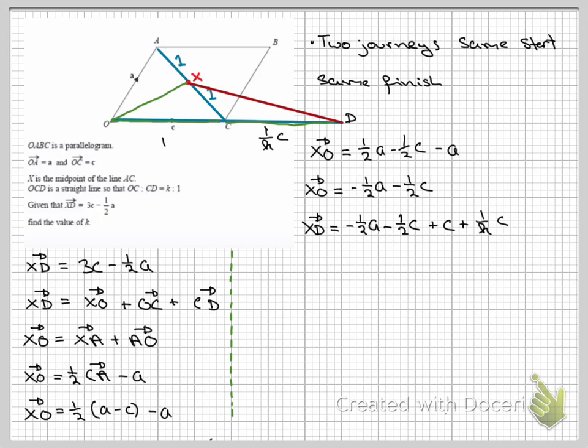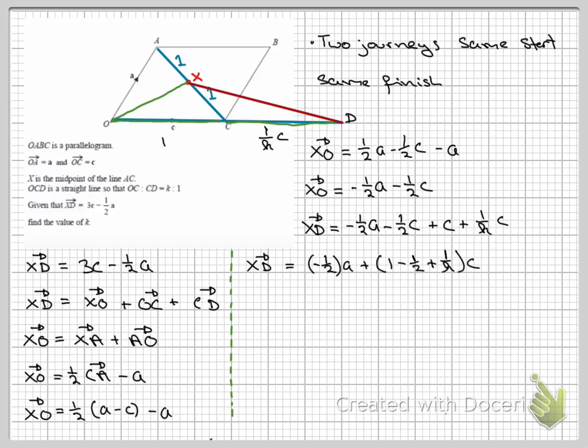Let's gather together all the bits and pieces now and separate these into the components A and C. X to D rather, not X to C. X to D will equal minus 1/2 A, plus I got a C, which is just 1 C, minus 1/2 of my C, plus then 1/K.